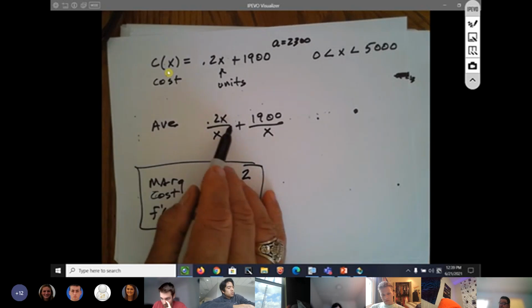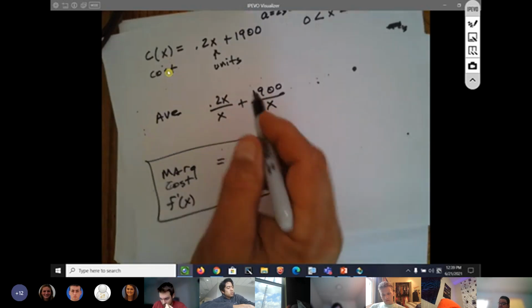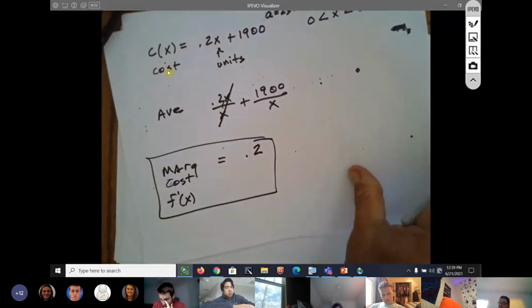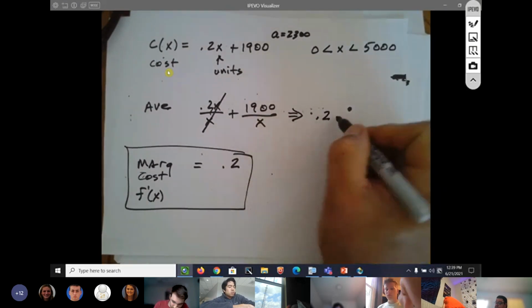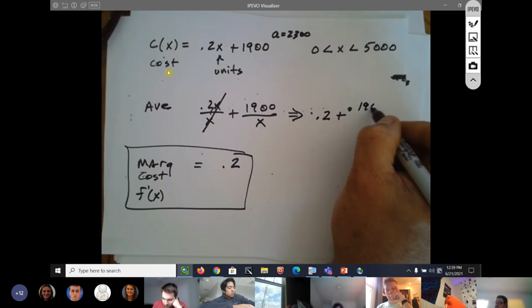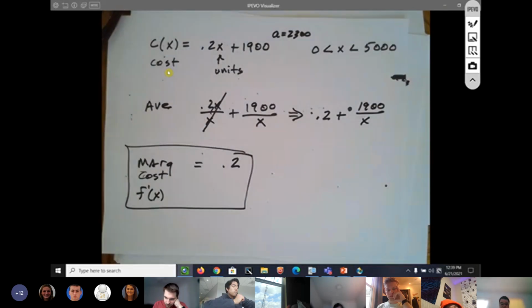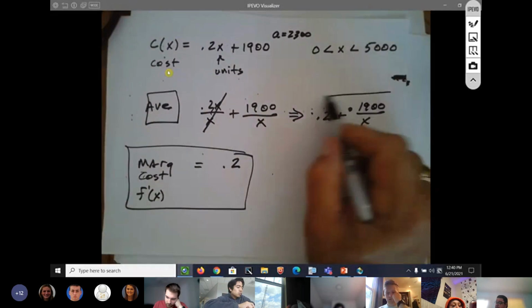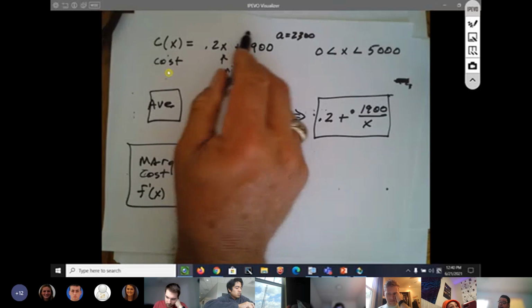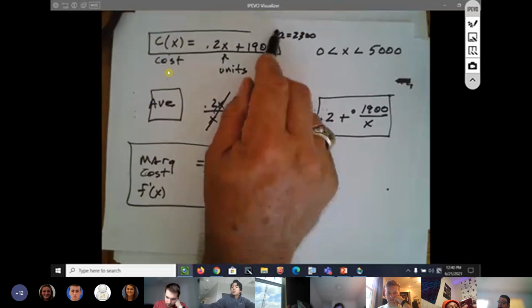And your average cost is going to be 0.2 plus 1900 over x. So there's your average cost, and your function is right there.